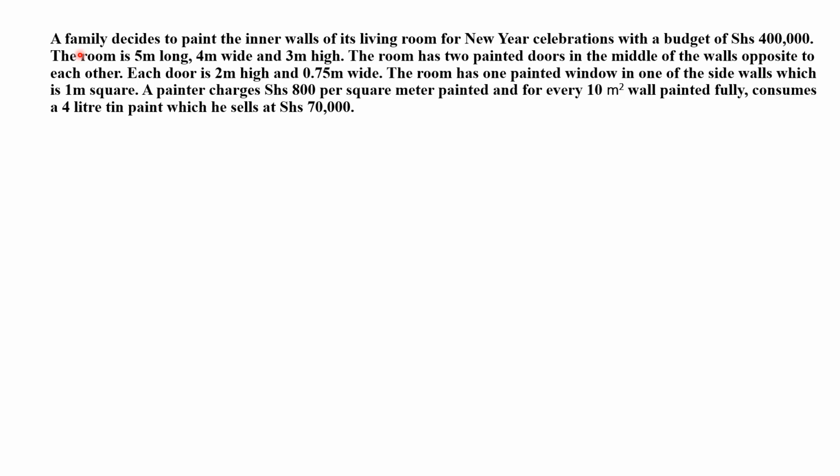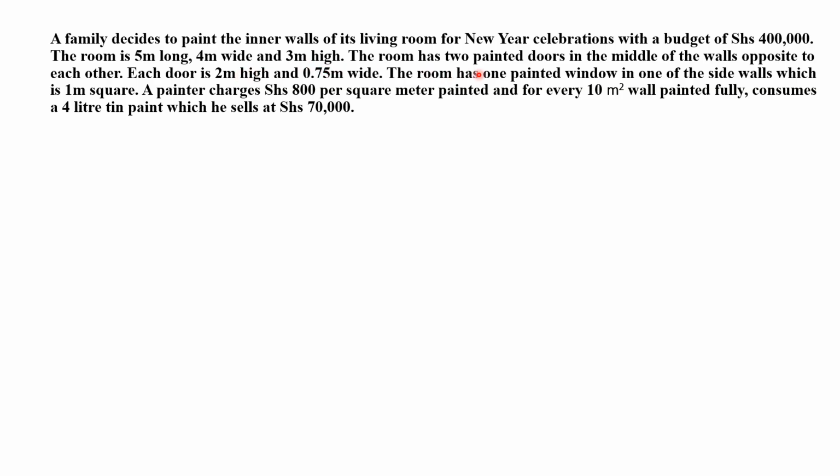Now here you can see that a family decides to paint the inner walls of its living room for New Year celebrations with a budget of 400,000. The room is 5 meters long, 4 meters wide, and 3 meters high.